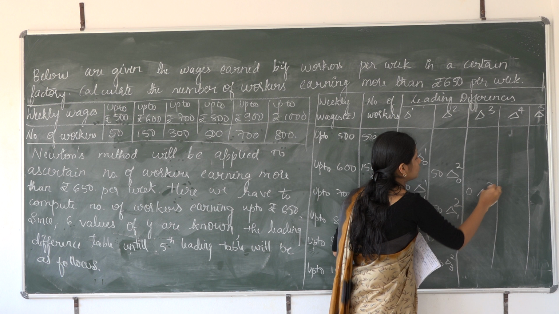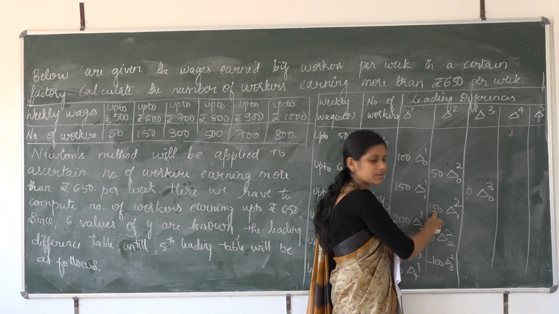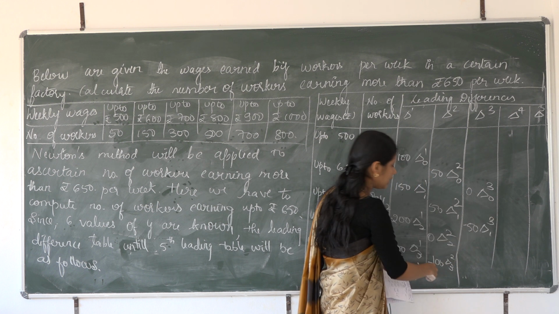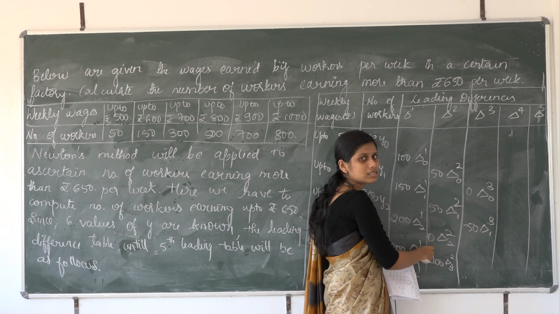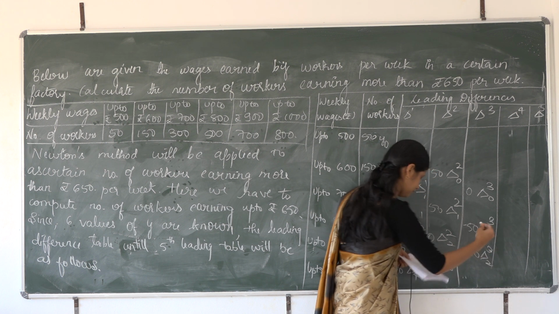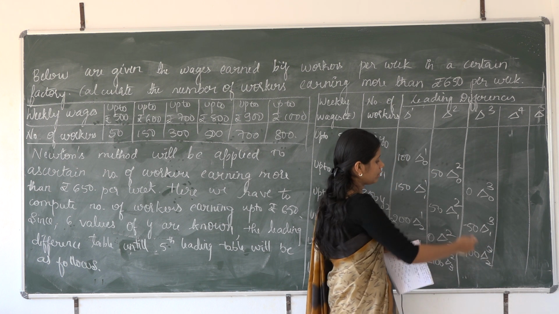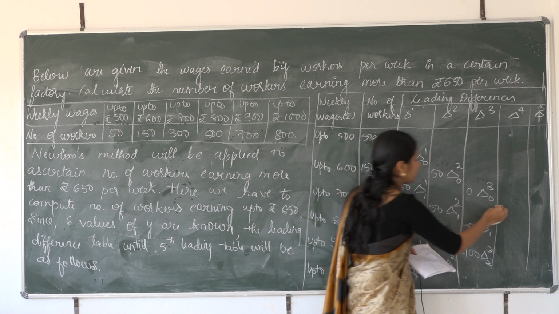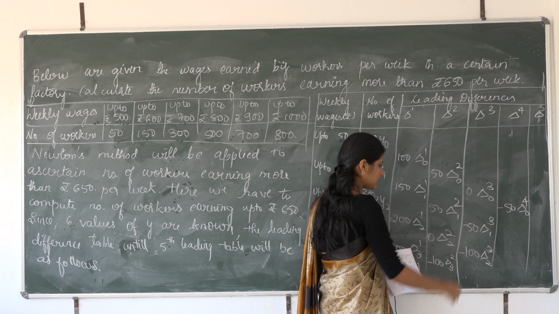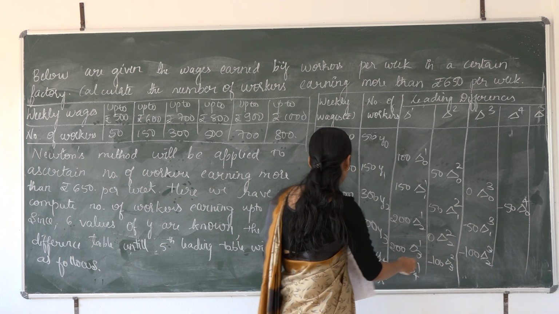Delta 0 raised to 3. 0 minus 50, it is minus 50. Delta 1 raised to 3. Minus 100 minus 0, it is minus 100. Delta 2 raised to 3. Next, minus 50 minus 0, it will be minus 50. Delta 0 raised to 4. Next, minus 100, so it will be like this.